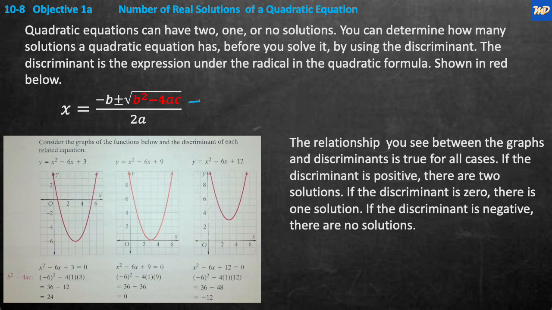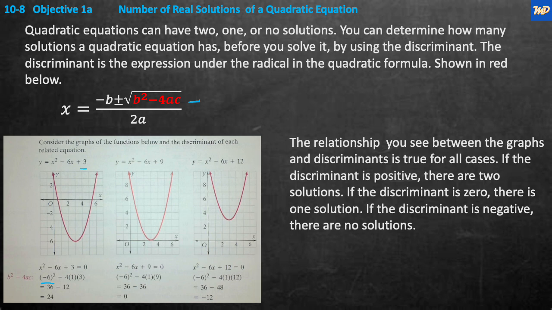Down here at the bottom it says negative 6 squared minus 4 times 1 times 3. 1 is the a term, where there's a 1 with the x squared, and the 3 is the c term, right here. So we fill these in. We get negative 6 squared is 36, minus 4 times 3 is minus 12, or negative 12. 24 is the answer, and it's positive, so that means there are two solutions.